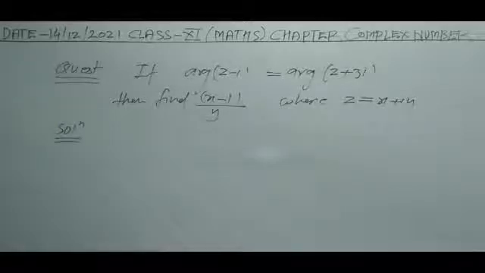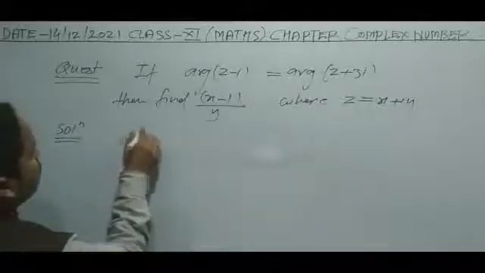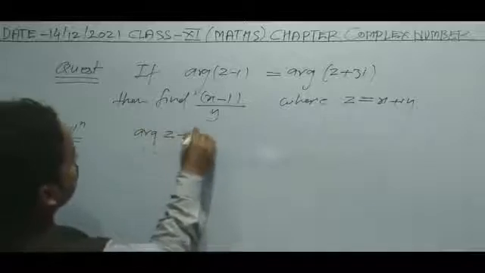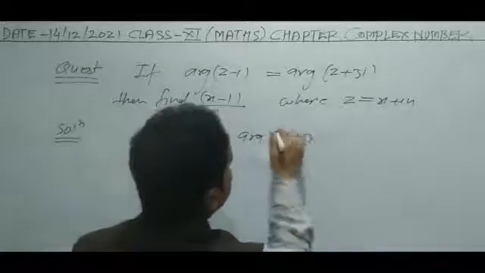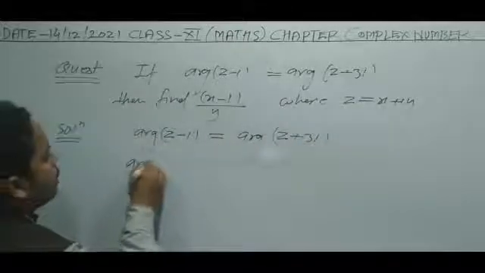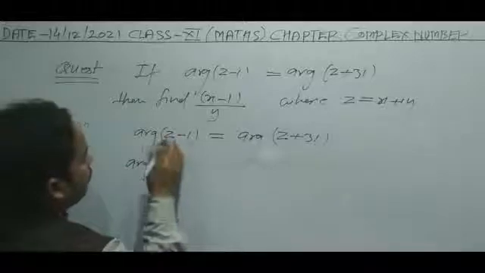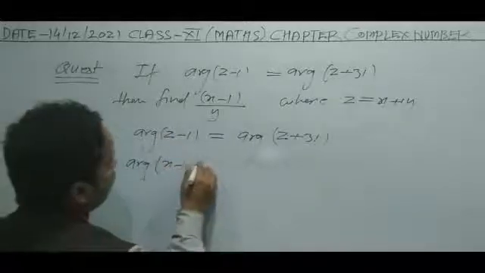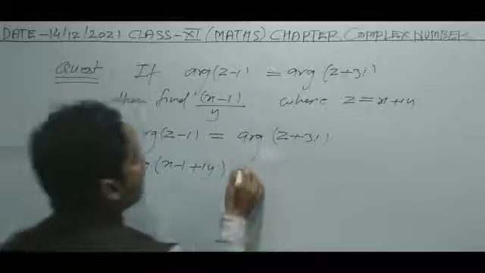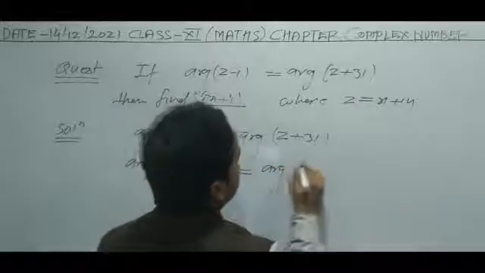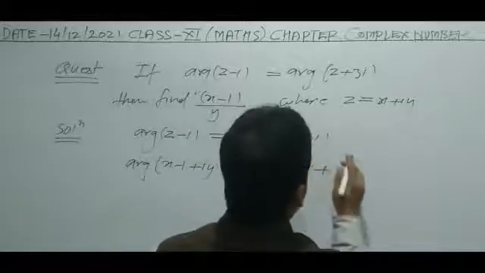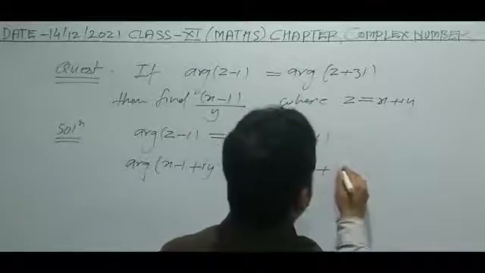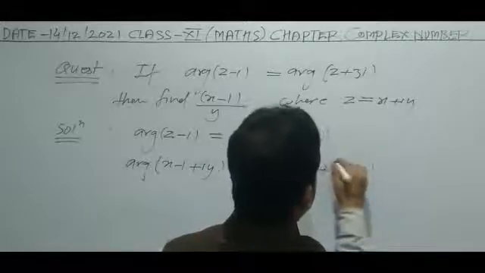Since argument of z minus 1 is equal to argument of z plus 3i, and we have to convert these into the form a plus ib. So x minus 1 plus iy is equal to argument of x plus iy plus 3i, that is x plus i(y plus 3).